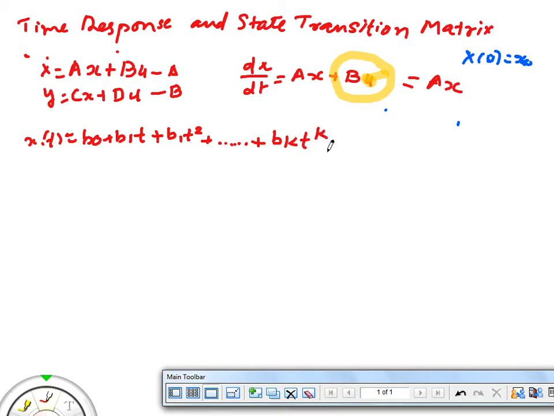So this will be my equation number 2, and this will be my equation number 1.